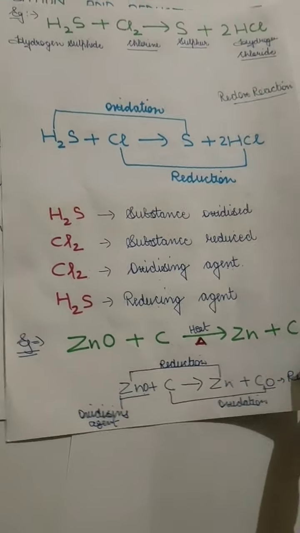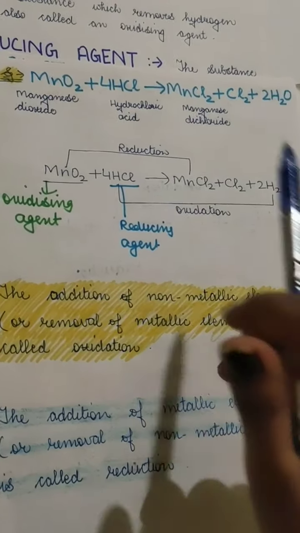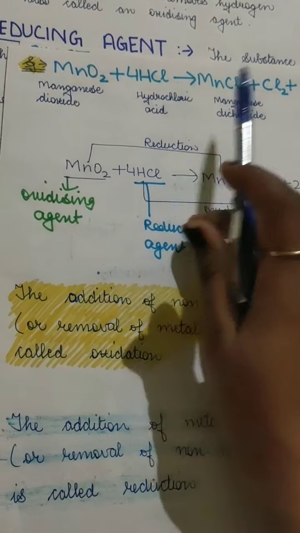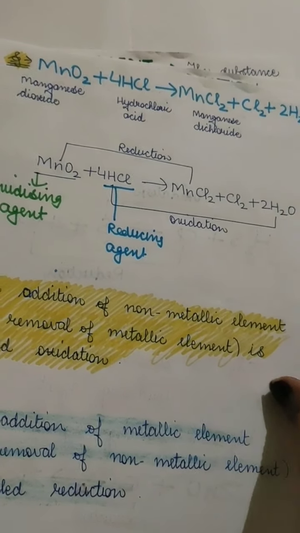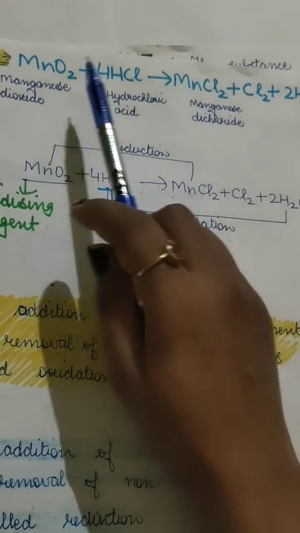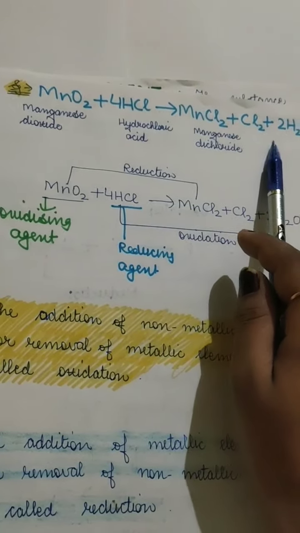Okay, now moving on to the other example, that is MnO2 plus 4HCl. So MnO2 is manganese dioxide. So manganese dioxide plus HCl, hydrochloric acid. So we are talking in terms of metals now.